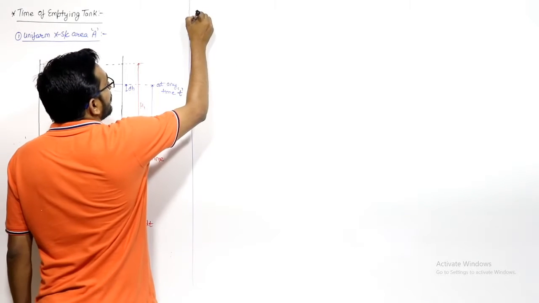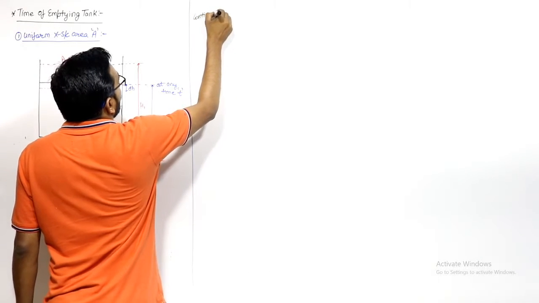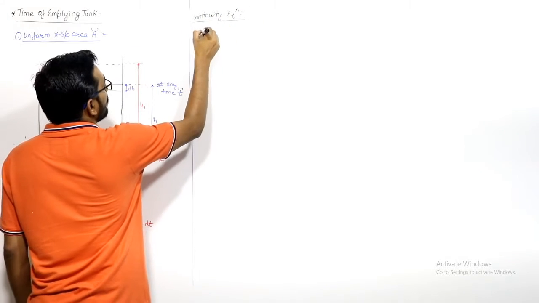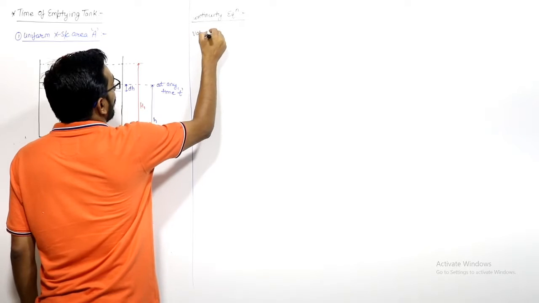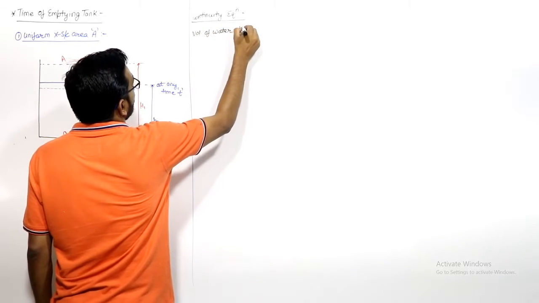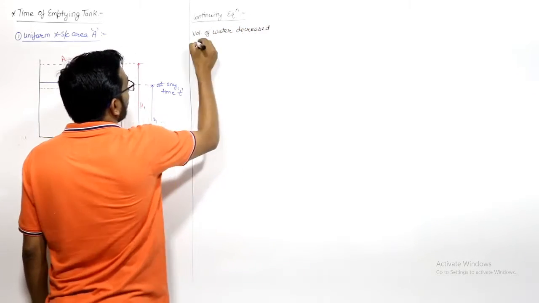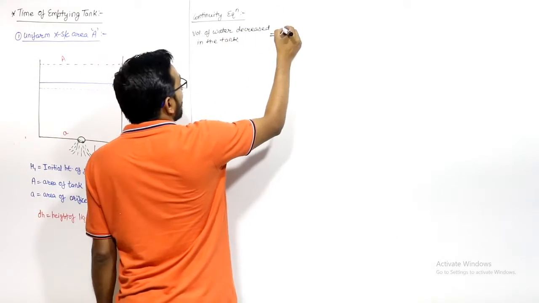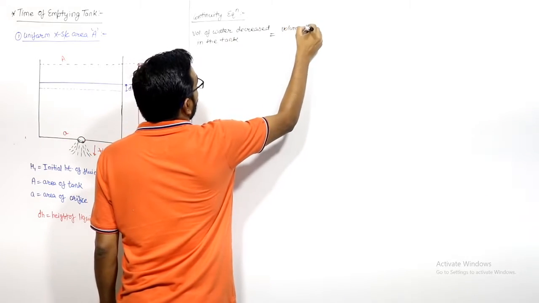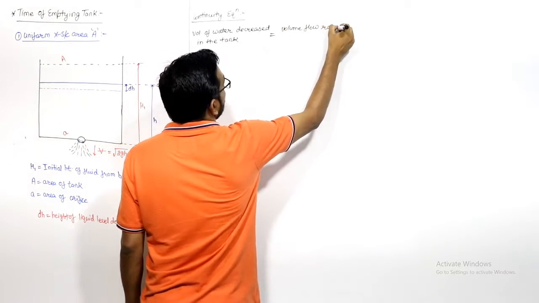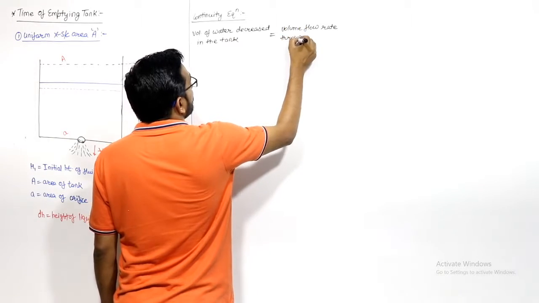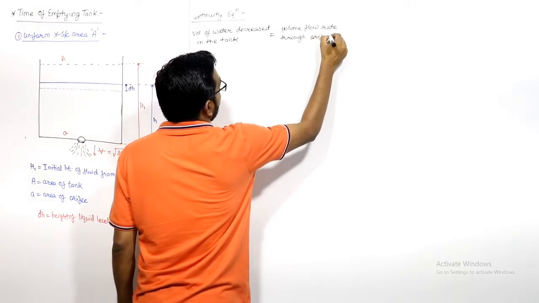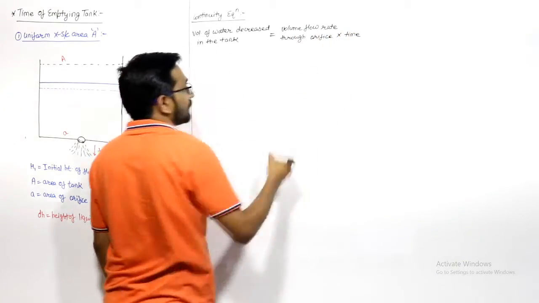So the continuity equation says that the volume of water decreased in the tank will be equal to the volume flow rate through the orifice into time, because the units will be the same.